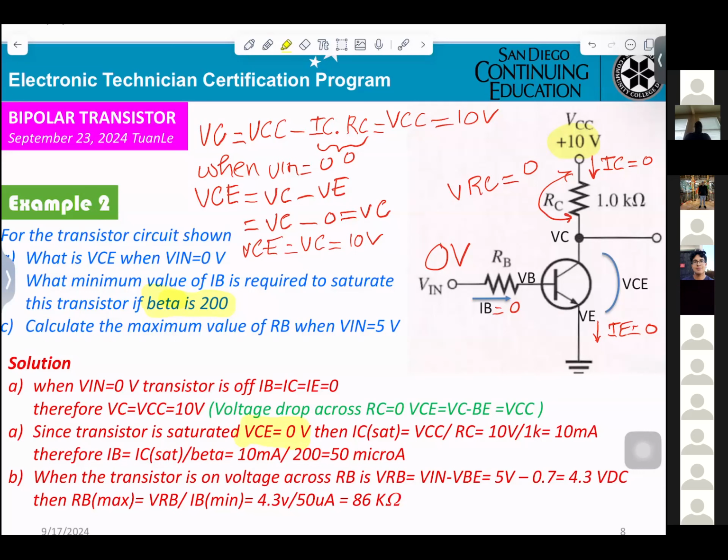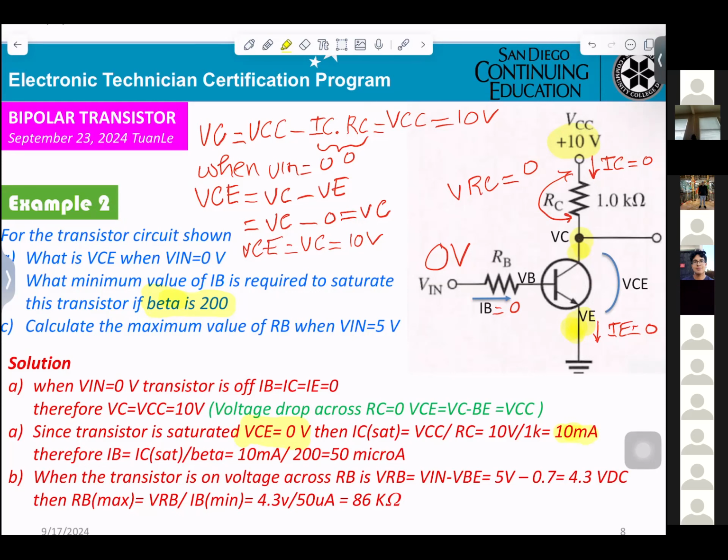Then IC saturate equals VCC divided by RC. The voltage from here to here is 0, so you can calculate the current IC.